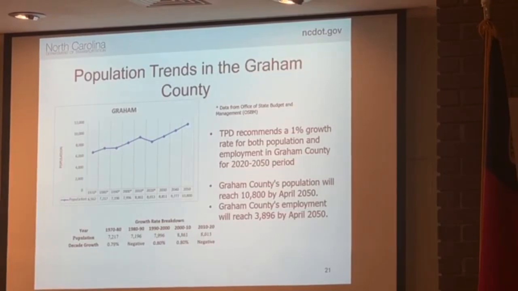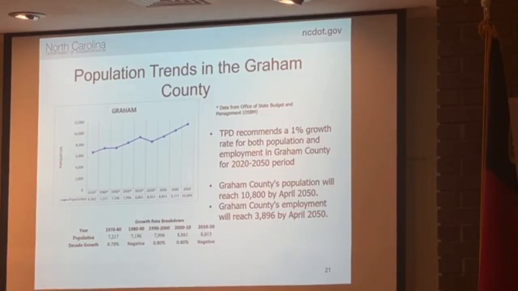But this is something that TPD may disagree with, and this is our opinion, and it's only for the model that we are using. If you look at the older data from 1970 to 2020, every 10 or 20 years we see negative growth in the area.